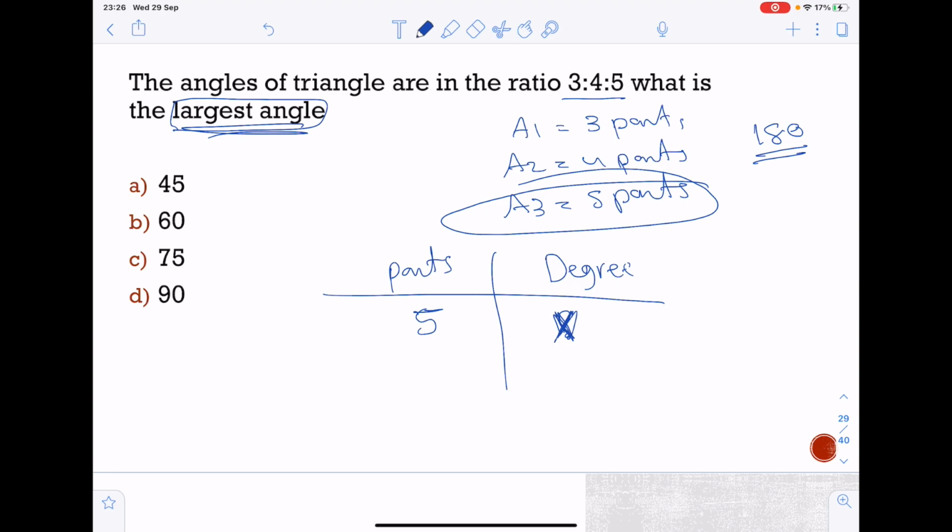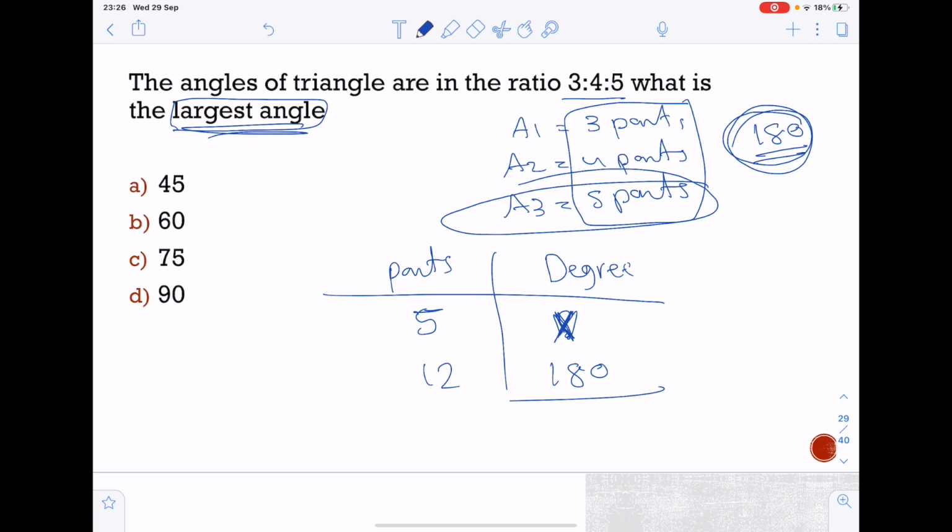And the total parts that I have here is 3 plus 4 plus 5, which is 12. And the total degrees that we have in the triangle is 180. Okay, so how can we find x? By doing the cross multiplication. So x equals 180 times 5 over 12.